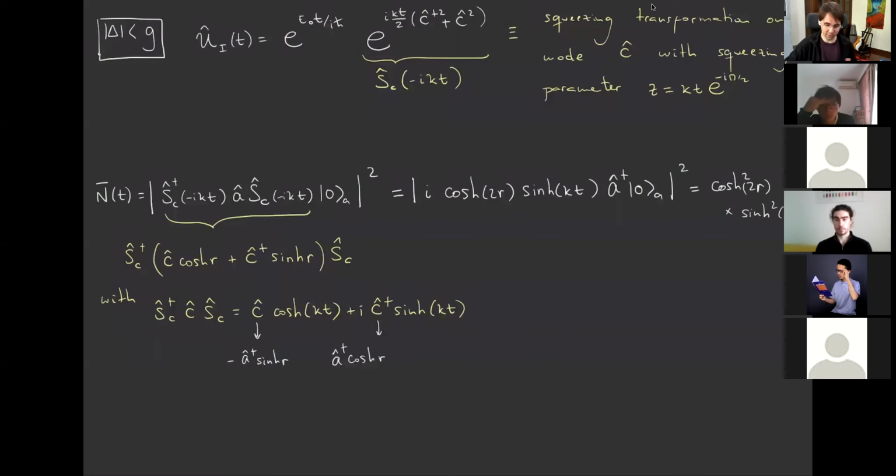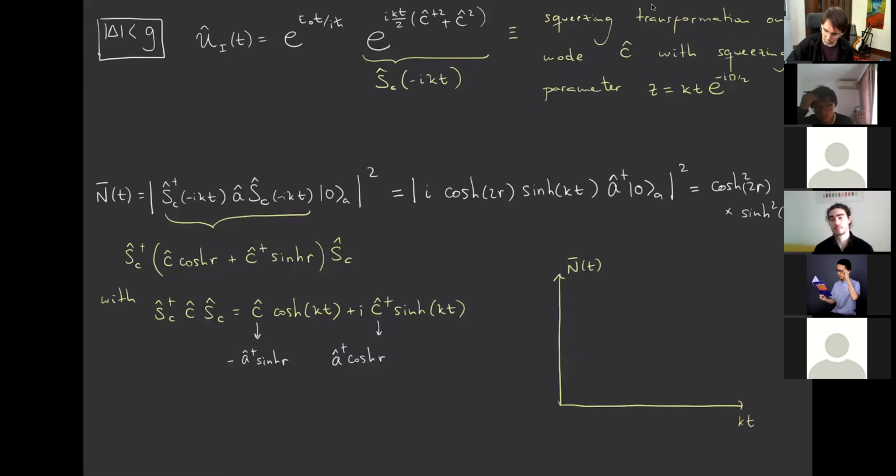And you see that now it's very different, because before we had a trigonometric sine of the time. Now we have a hyperbolic sine of time. And the hyperbolic sine is not a periodic function. This is a function that makes the photon number look like this.